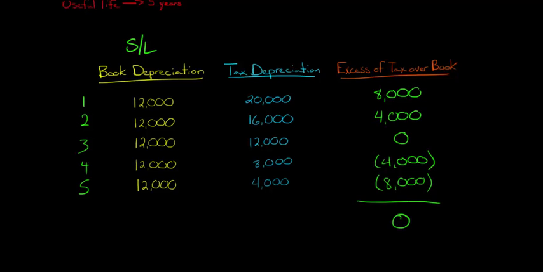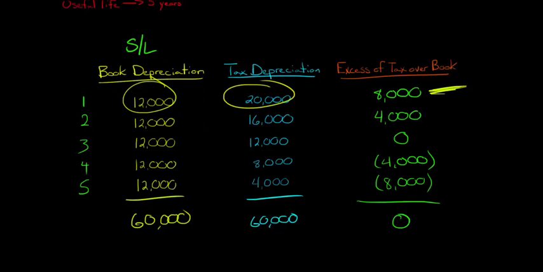And what you'll see is that we've taken 60,000 in depreciation each way. So if we look at year 1, we took a different amount of depreciation, but later it reversed. So that means that basically we have a difference in year 1, but it's going to change later. So what we actually have is a thing called a deferred tax liability.